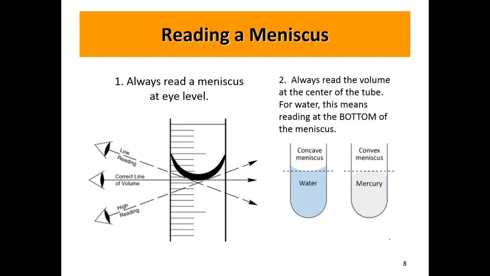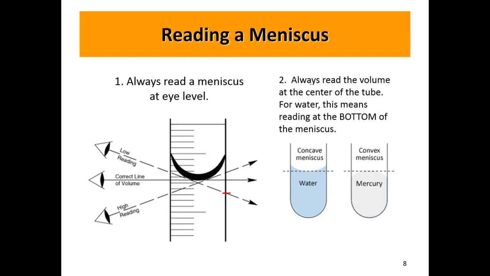If you are too high, what's known as a parallax error will occur, and it'll make it look like it's down here, which gives you a low reading. You'll think that the volume is lower than it actually is. Likewise, if you look from too low, it'll look like it's higher than it actually is. And so you always want to read from eye level.